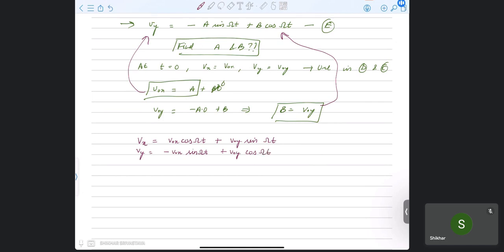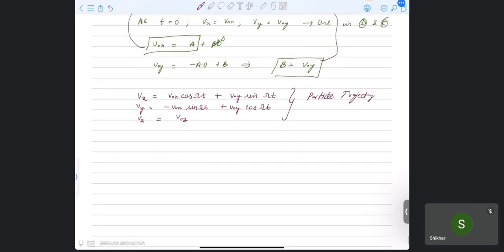And your Vz is constant because there is no force acting in the z direction, the direction parallel to the magnetic field. So this is the particle trajectory, the motion given by these equations.